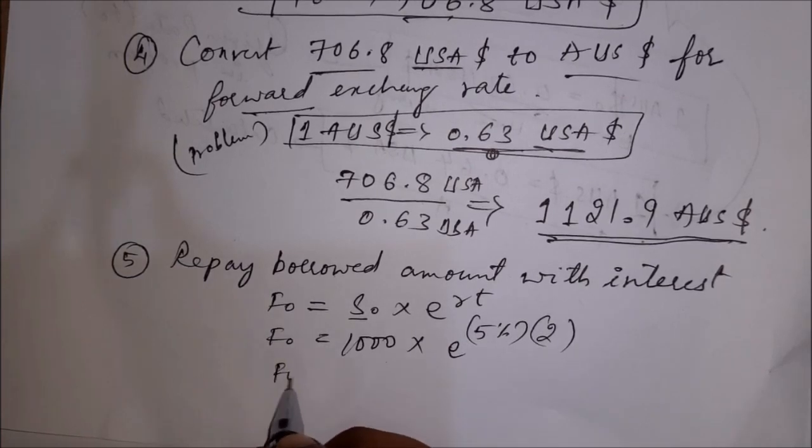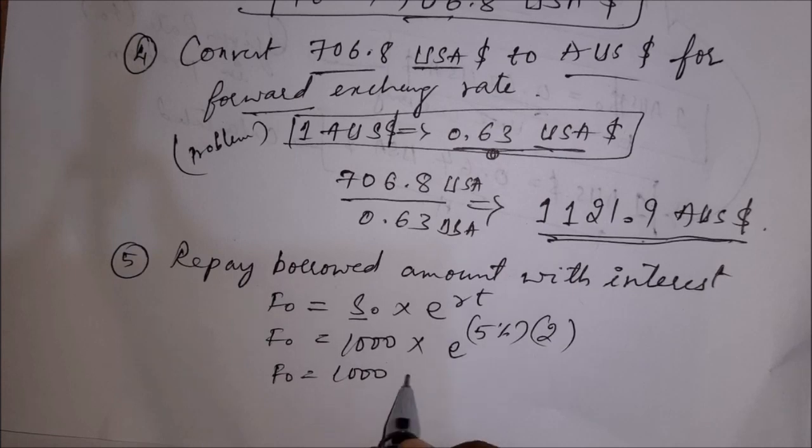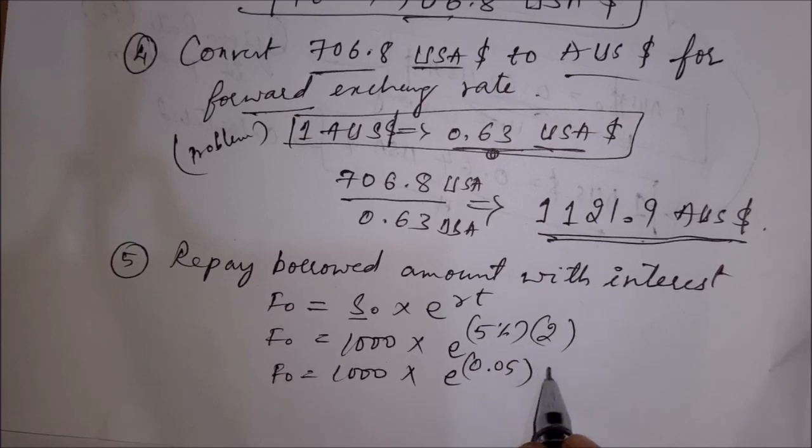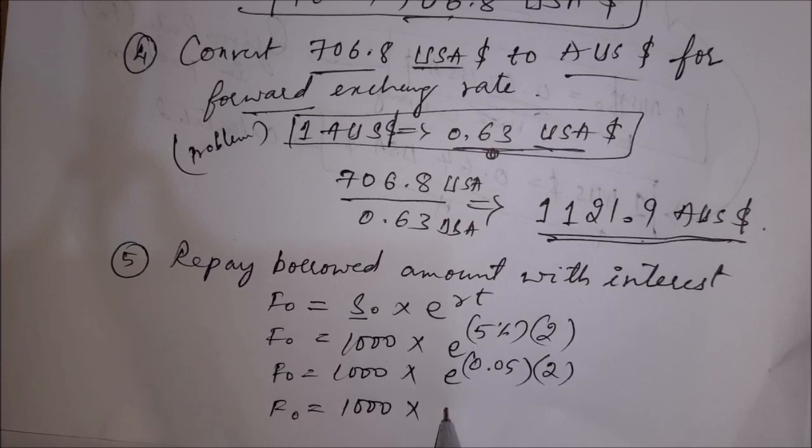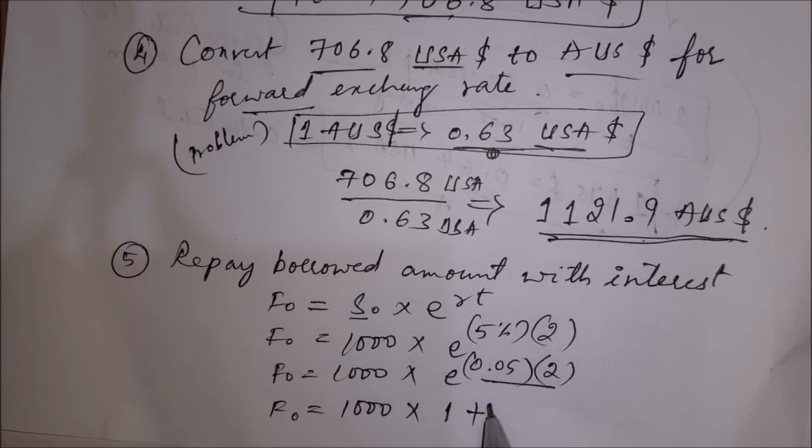Okay, forward price is equal to 1000 into e to the power 5%, meaning 0.05 into 2. Forward price is equal to 1000 into 1 plus, multiply this 0.05 into 2. We will get 0.1.